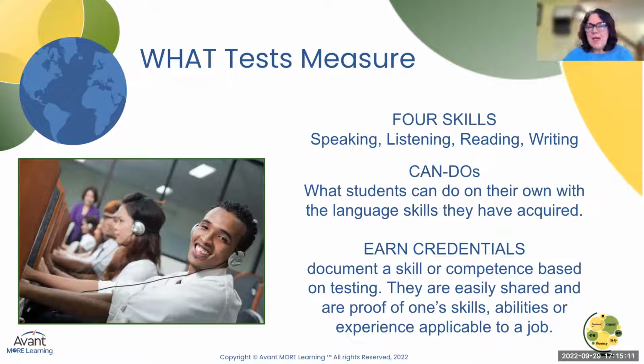It really is, I have all of these words, and I have some grammar structures, but I know how to put them together to do things that are important to me. I can ask questions. I can give directions. I can go to a store and buy something. So it's the things I can do with what I have, not just the parts of what I've learned in the language.